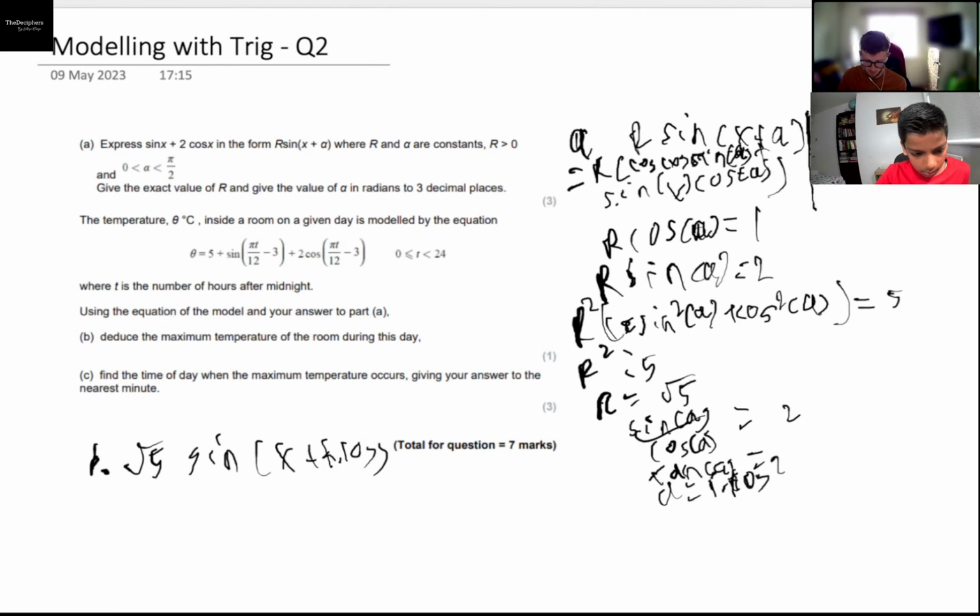So theta is 5 plus root 5 sine of pi t over 12 plus 1.107. Remember that you changed the angle.